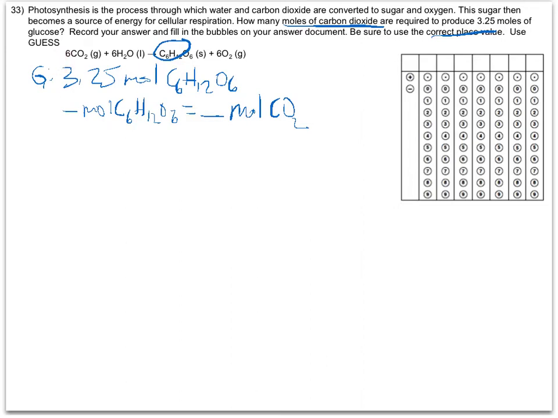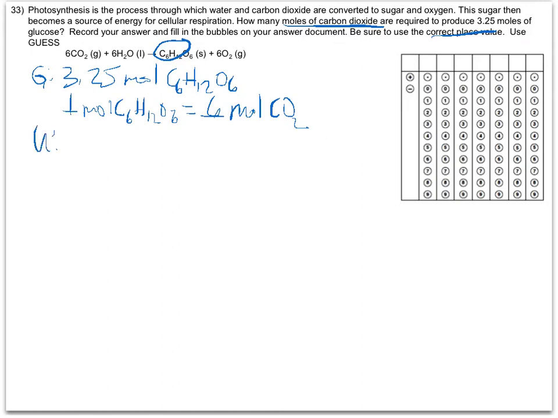So there's 6 moles of carbon dioxide, and there's nothing in front of the glucose, which means that it's a 1. So that means for every mole of glucose, there are 6 moles of carbon dioxide. Well, we're trying to go from moles. We're given moles. So this is actually only a 1-step conversion, even though it's full-blown stoichiometry, because we're going between 2 different substances. So this actually isn't too hard.